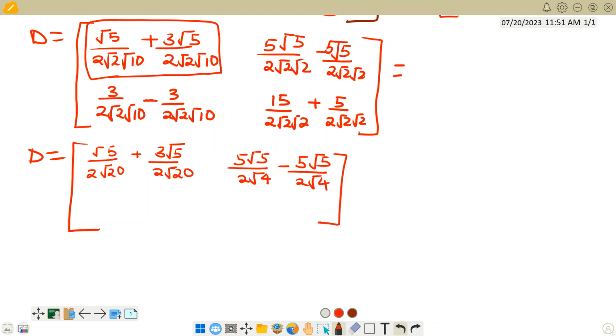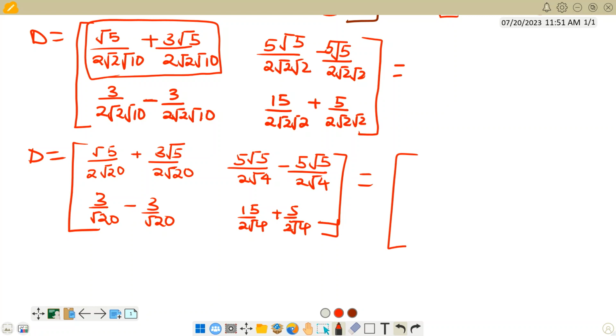We're just simplifying anyways. Then the bottom part will be 3 over square root of 20 minus 3 over square root of 20. Then that part will be 15 over 2 square root of 4 plus 5 over 2 square root of 4. When you add this part, you have a 1.